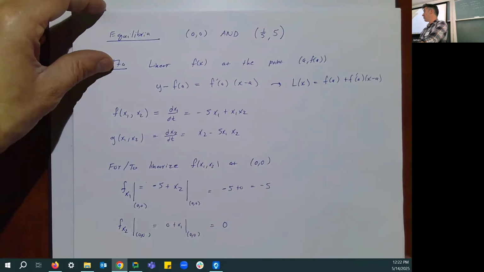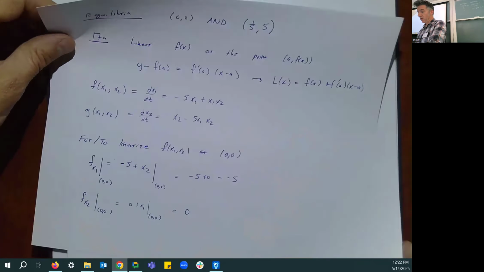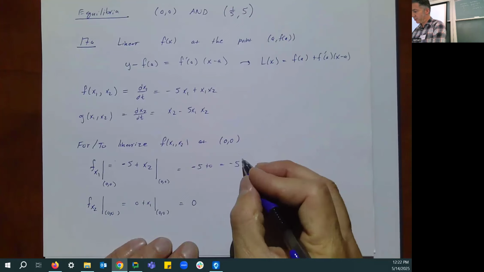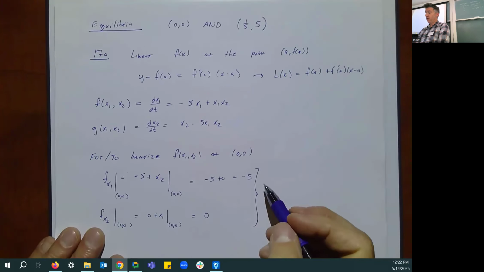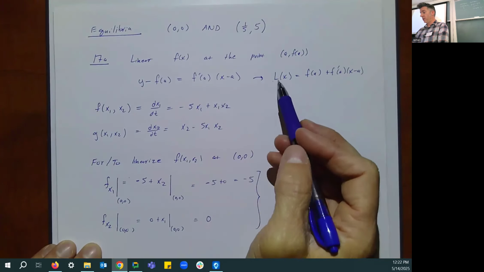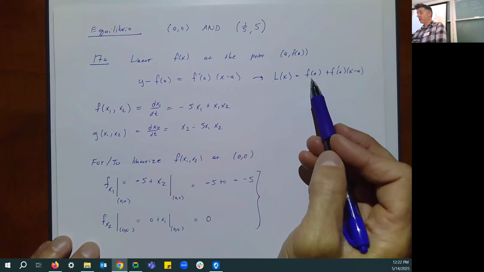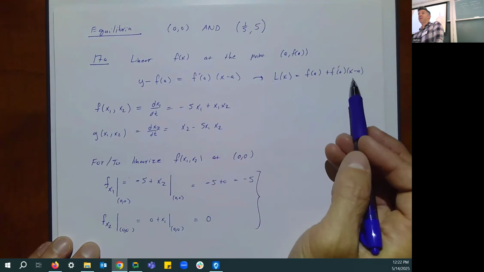So here's how we write the linearization. Just like for a function of one variable, it's your output plus your slope times x minus your coordinate.